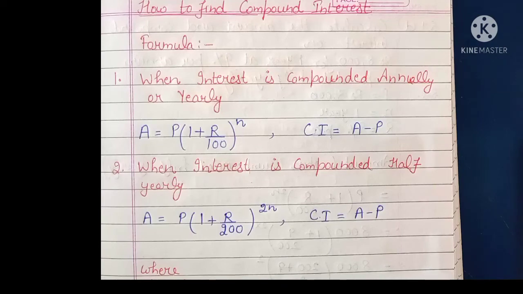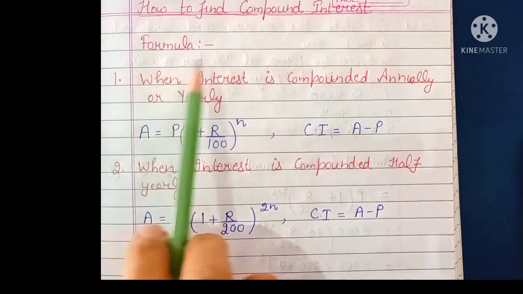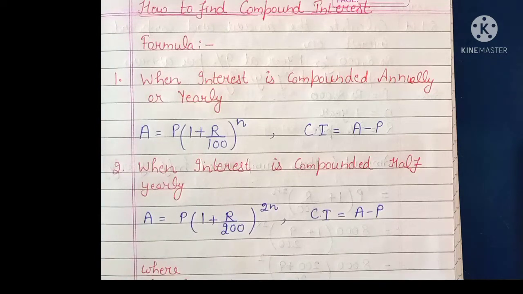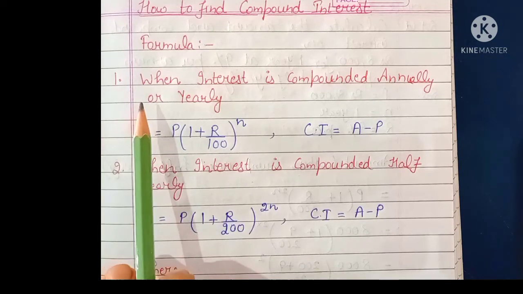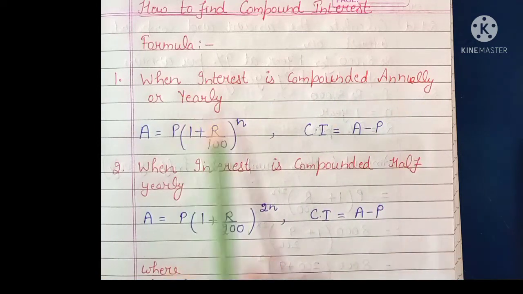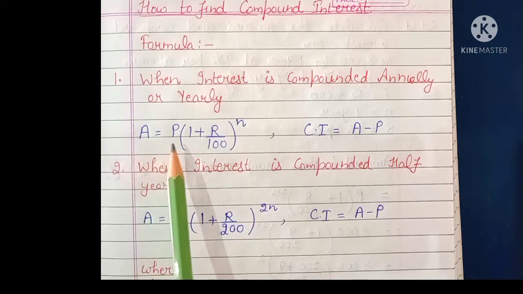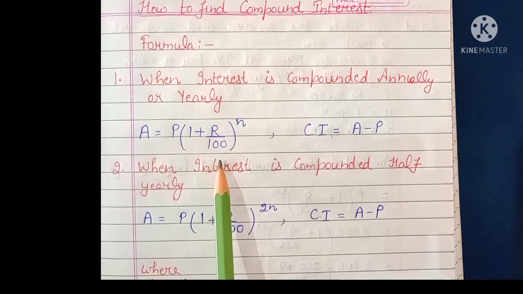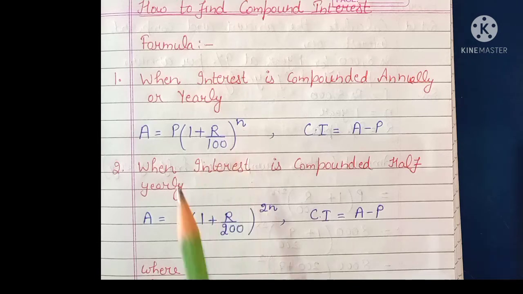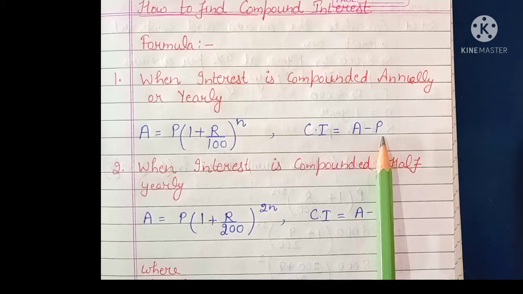Now we will understand how to find compound interest. The formula for finding compound interest has two forms. When interest is compounded annually or yearly, the formula for amount is P bracket 1 plus R upon 100 raised to n, and the compound interest will be amount minus principal.